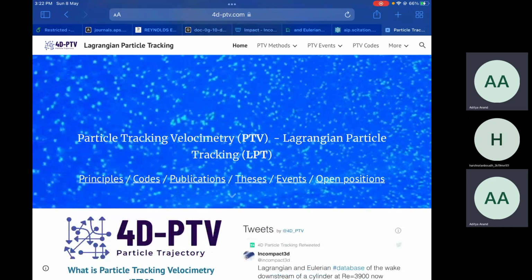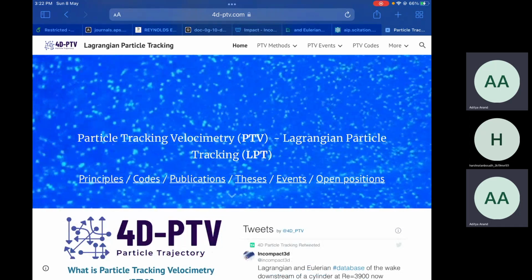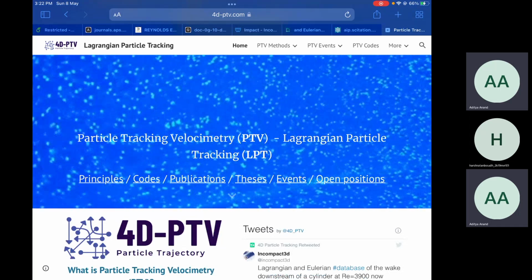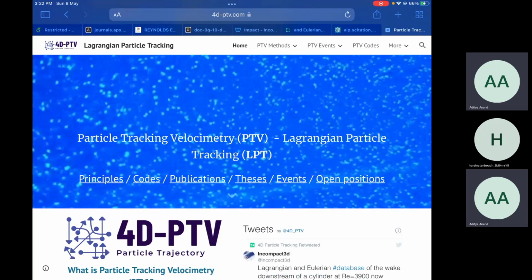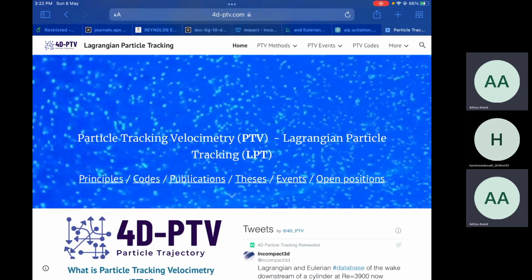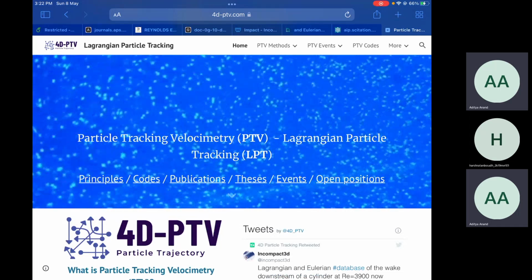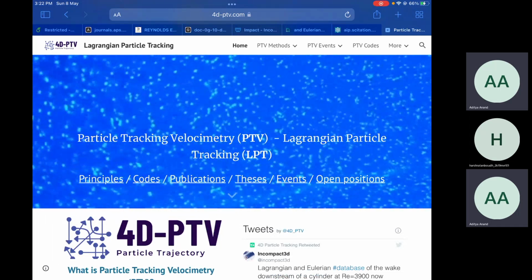So all these bright spots that you see are actually particles that were seeded in the flow, and they move along with the flow. And the way you actually measure the particle velocities is you take snapshots, and then get their velocities from consecutive snapshots.